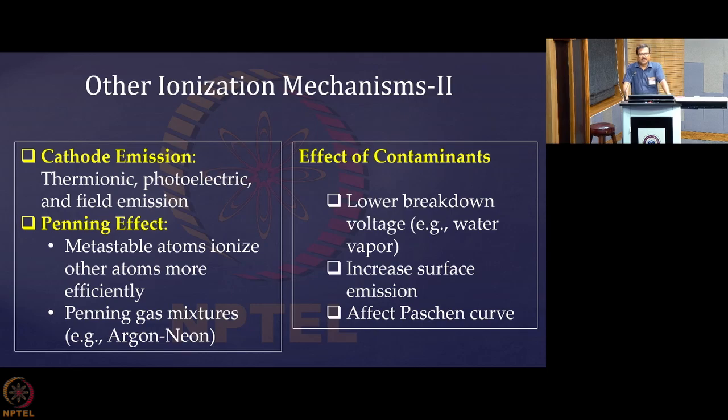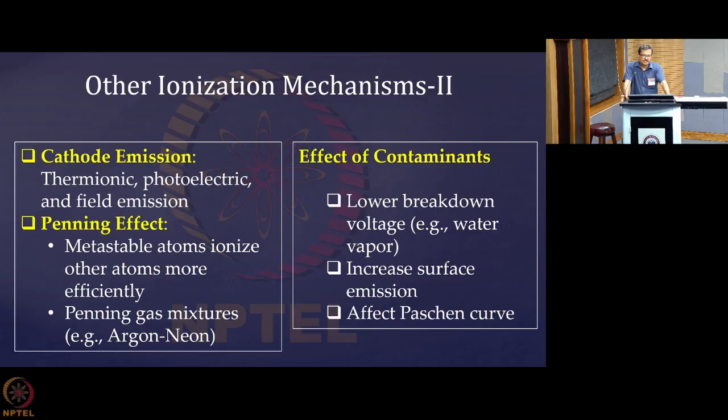Now there are cathode emissions, which are very important to make plasma devices successful, and they are basically thermionic emission, photoelectric emission and field emission. These are the three mechanisms by which cathode emission can take place. For thermionic emission, you know the Richardson-Dushman relation that gives you the thermionic current density.